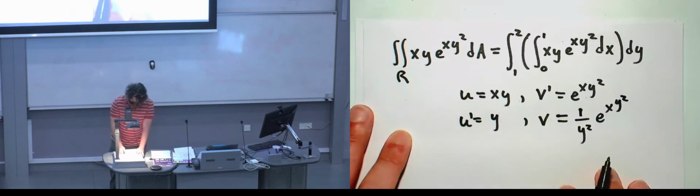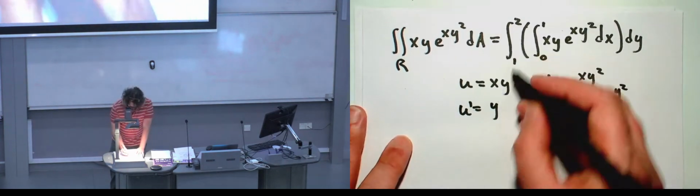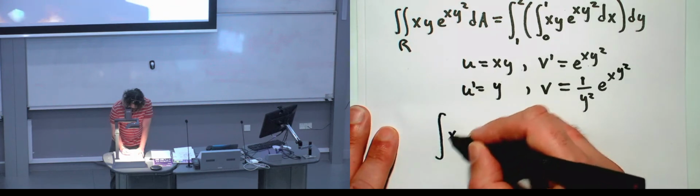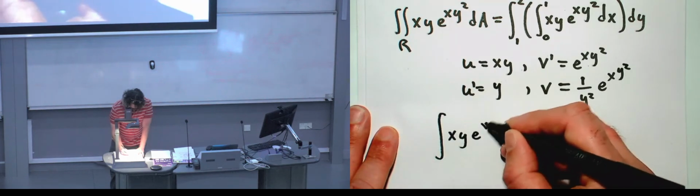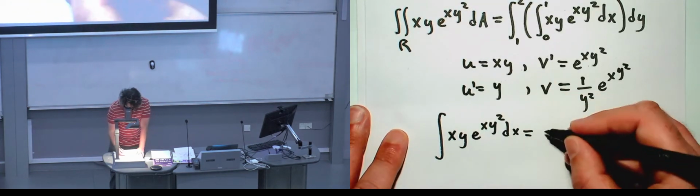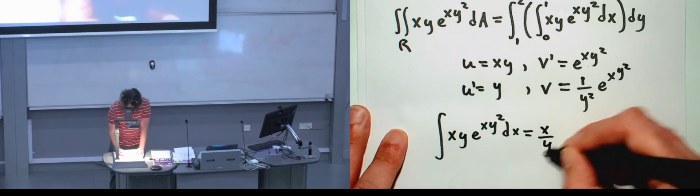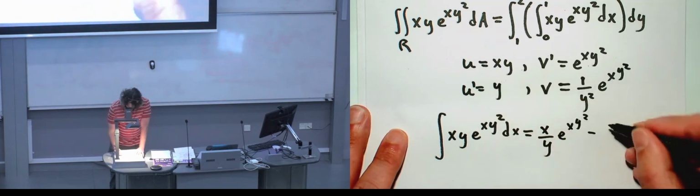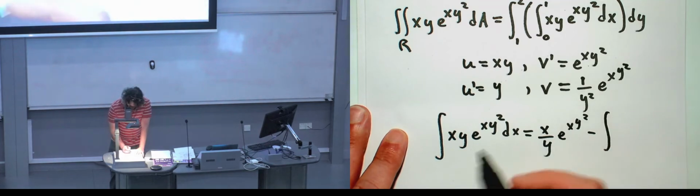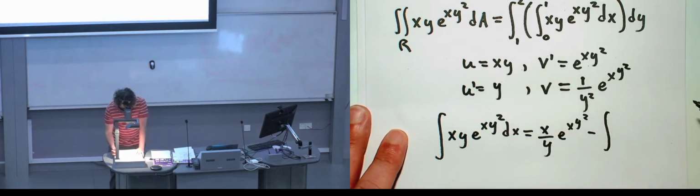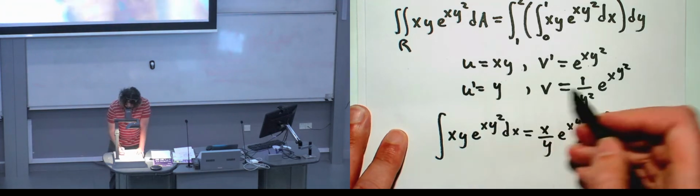All right? And so if we try to do integration by parts in order to calculate this indefinite integral, you get u times v, so that's x over y e to the xy squared. That's u times v minus integral of, oh, sorry, u prime times v.